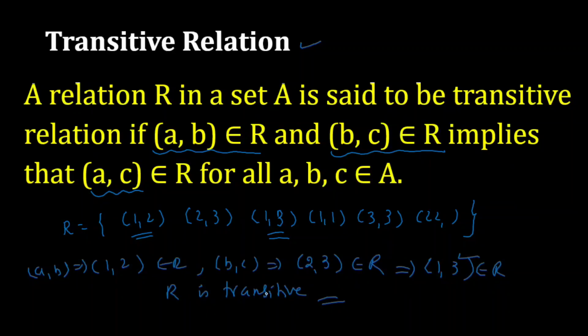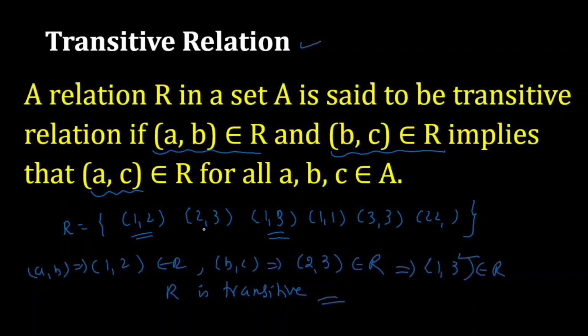These are the basic concepts, and these last definitions are very important. If a relation satisfies all three conditions, that is, reflexive, symmetric, and transitive, we call it an equivalence relation.